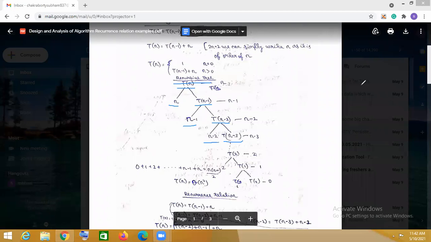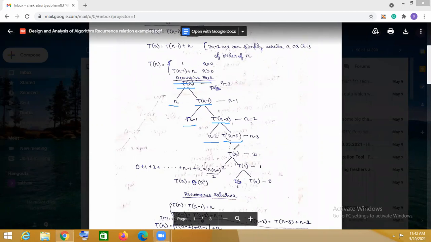Now, what is our main motto? Our main motto is to make the Tn function reach 0, because if it is 0, then the recurrence relation will be stopped, or we can say the total recurrence relation is complete. If it is 0, then our recurrence relation is completed.